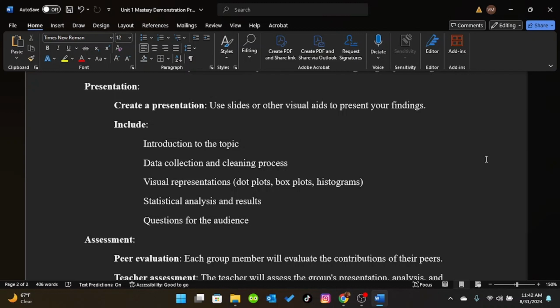You need to talk about your dot plots, talk about your box plots, and talk about your histograms. You need to talk about your analysis and your results. What did you notice when you compared them? And finally, you're going to have time to answer any questions that your audience might have.